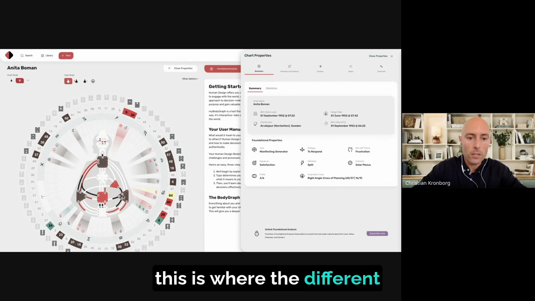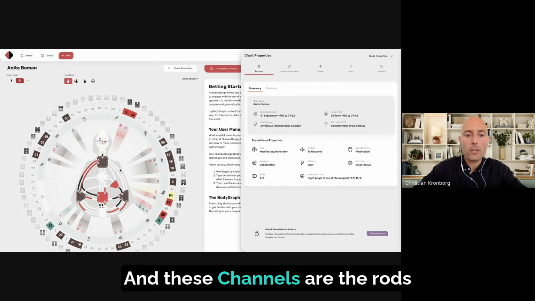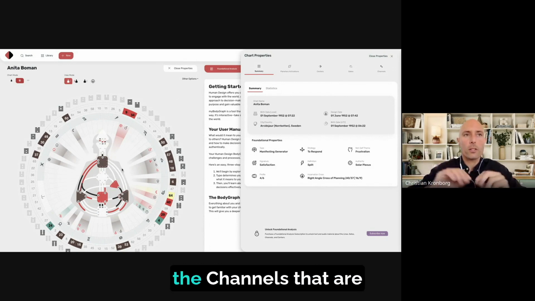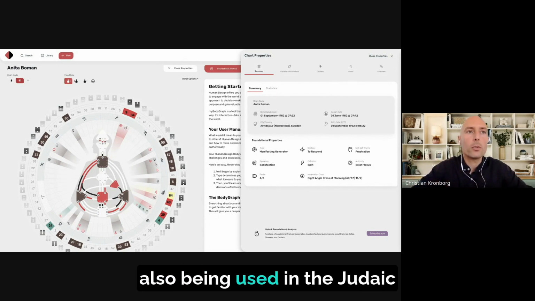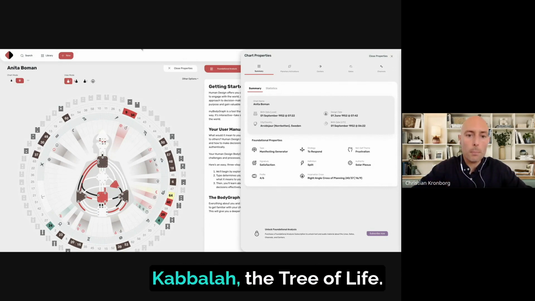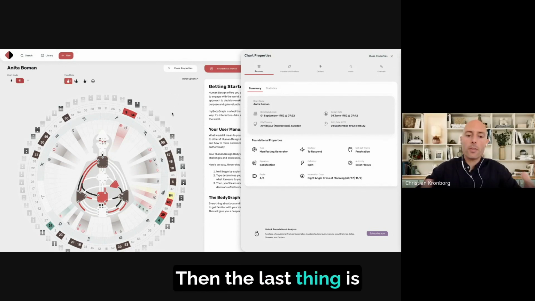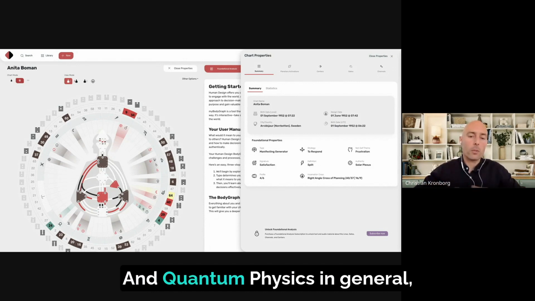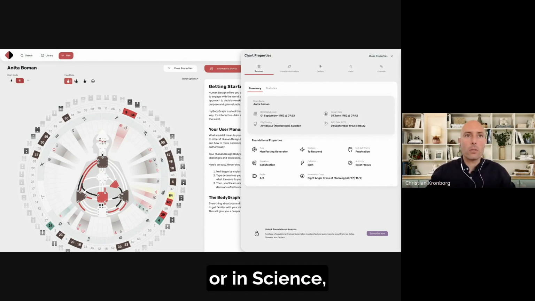This is where the different gates are also represented. And these channels are the rods that are also being used in the Judaic Kabbalah, the tree of life. Okay. And then the last thing is basically quantum physics.